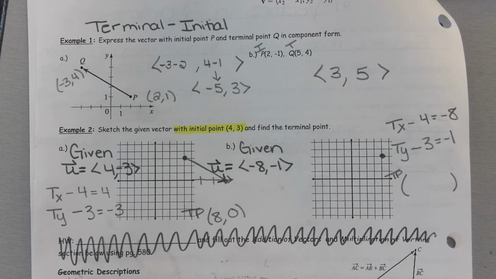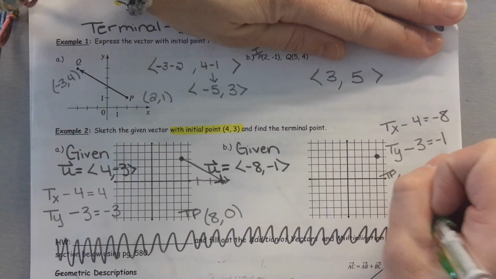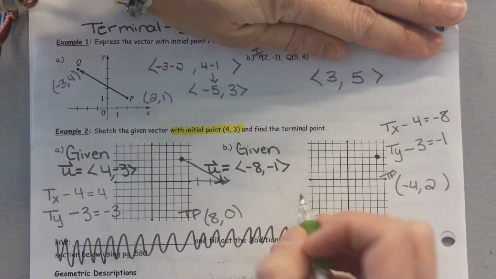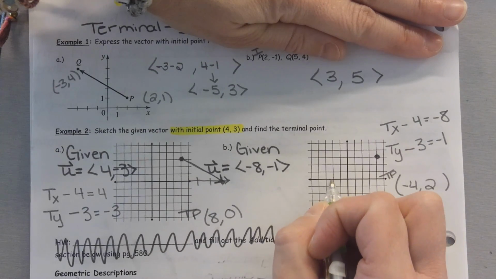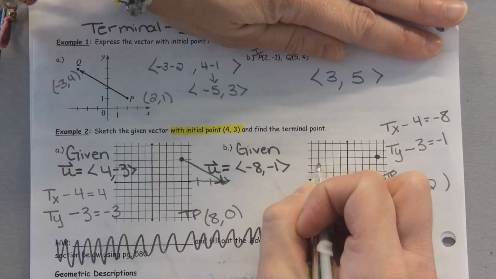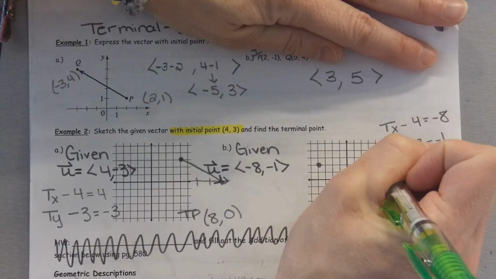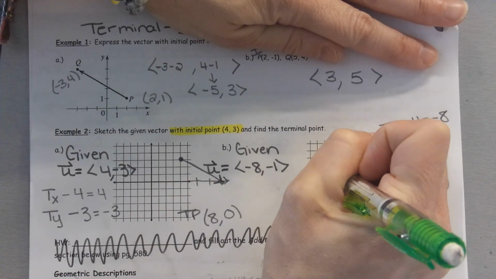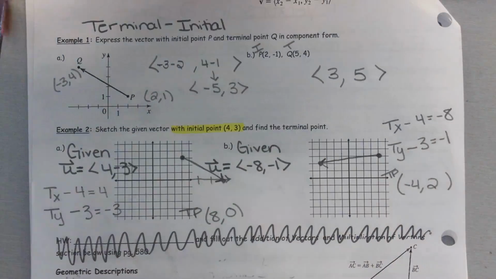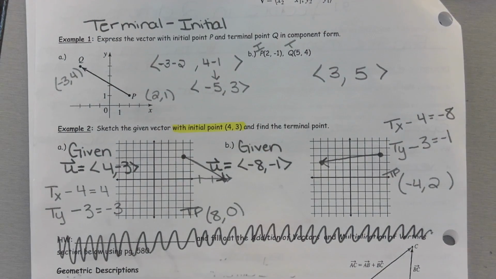So what would have had to have been here for t sub x? What would my terminal point be? (-4, 2). So I'm going to go -4, 1, 2, 3, 4, and up 2. Here's the point. And again, normally we just connect them, but today not only do we connect, but we say, hey, this is where we came from, this is where we headed to.